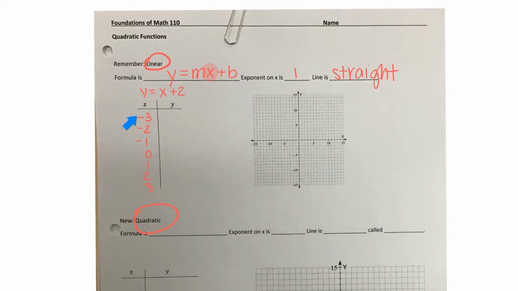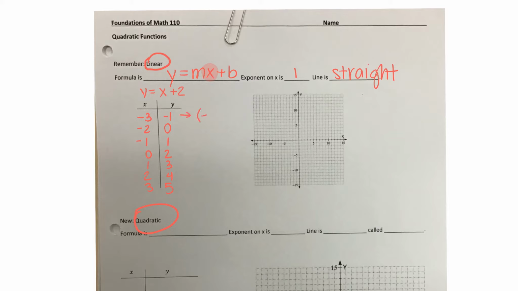I just decided that these seemed like easy numbers. So I'm going to plug those x's in, add it to my 2, and that should tell me what the y is. So -3 plus 2 is -1, and -2 plus 2 is 0, and -1 plus 2 is 1, and 0 plus 2 is 2, and 1 plus 2 is 3, and 2 plus 2 is 4, and 3 plus 2 is 5.